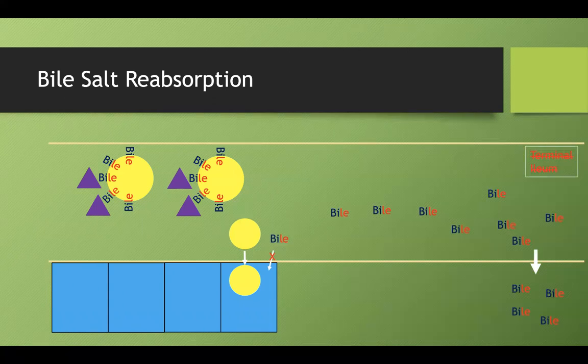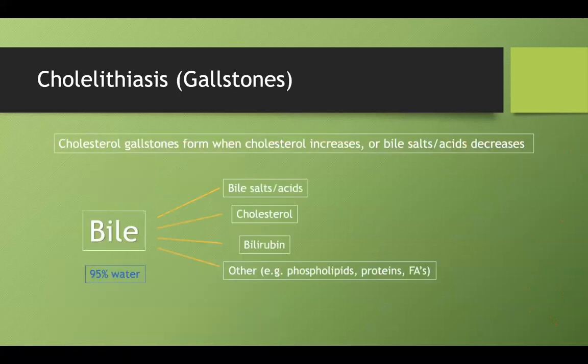The problem, though, is that if our terminal ileum is damaged in a condition like Crohn's, you're going to lose this ability to reabsorb bile. And so you're not going to get any more bile. So you'd have an overall deficiency in bile salts and acids, and you can get cholesterol gallstones.